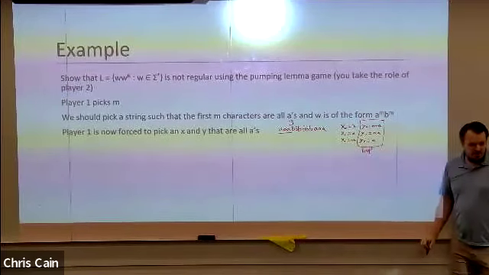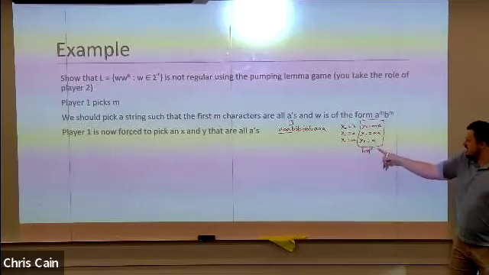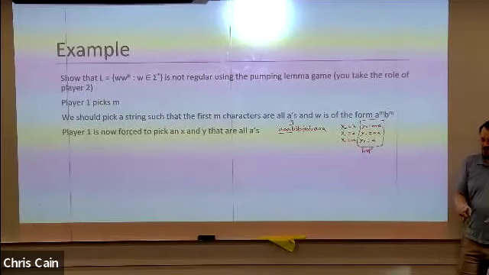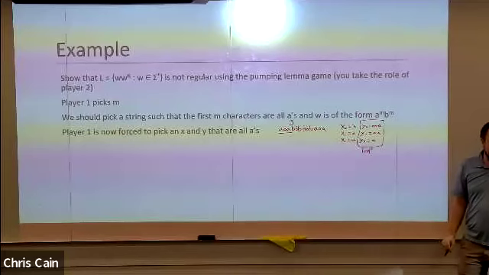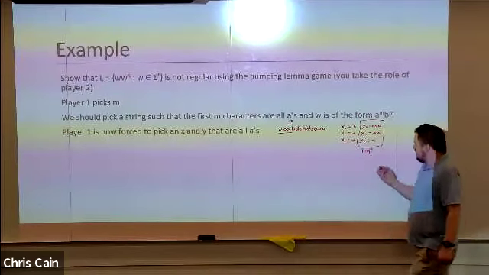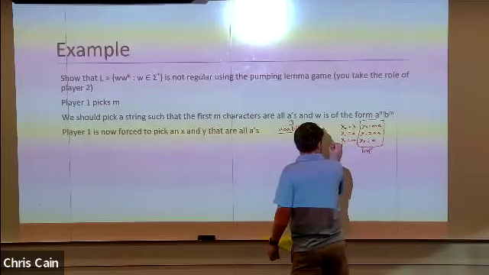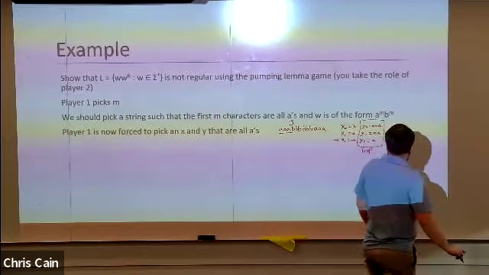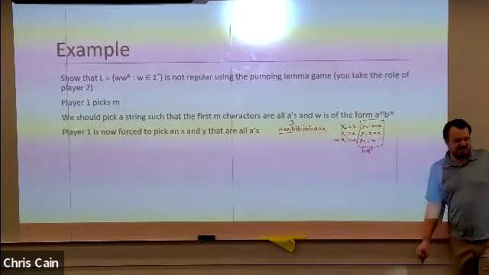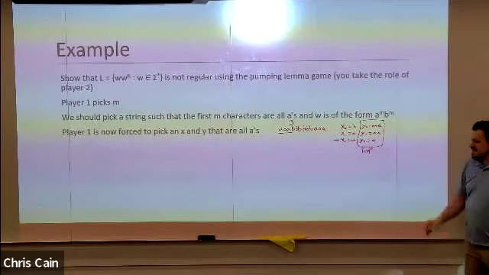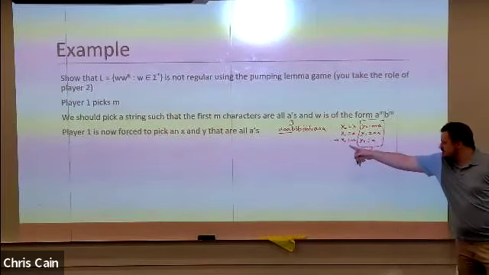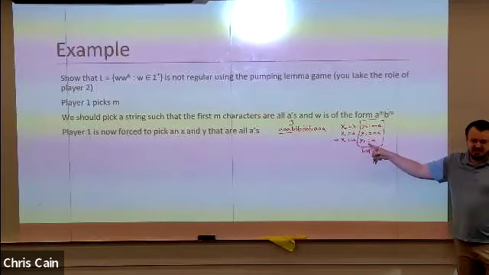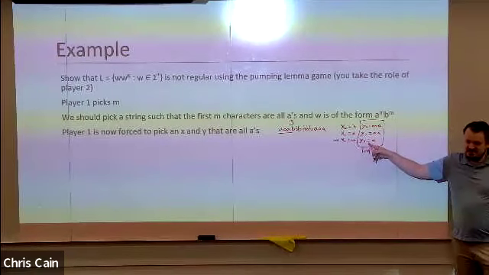So if I pump whatever you pick here as the Y, some number of times, we're going to create a new string. For the sake of fun, let's say that player one picks this and says, all right, we're going to run with this. This particular breakdown of getting to the loop and iterating the loop looks like this in our DFA.